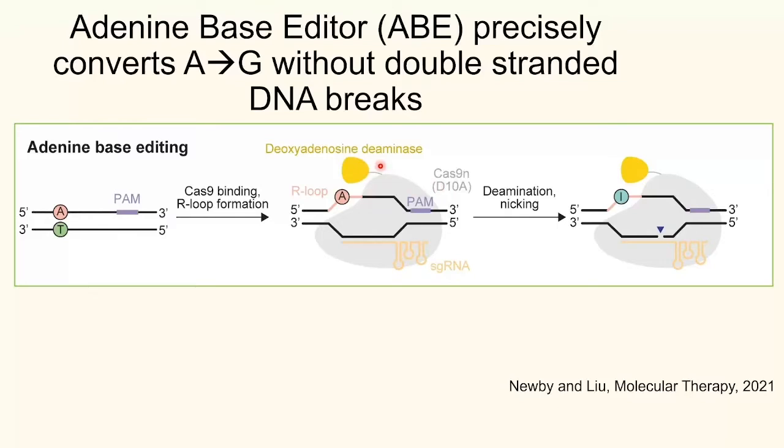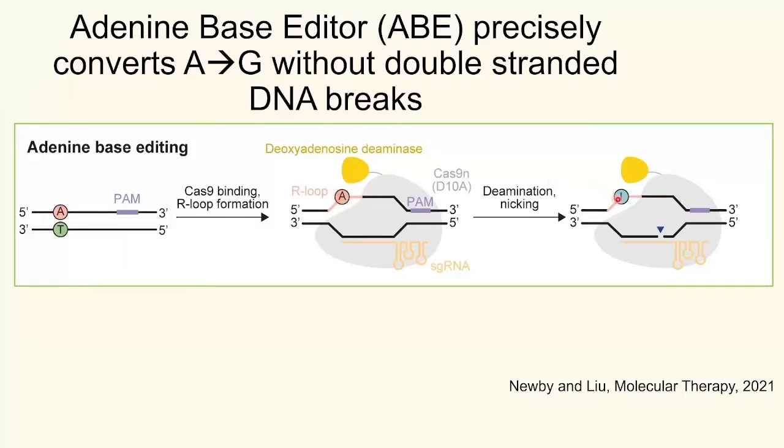And so when you have this complex, the single guide RNA is responsible for targeting and binding with the DNA locus of interest. And once it binds, it displaces a small bubble of single-stranded genomic DNA. And it's within this bubble where the deoxyadenosine deaminase converts the adenine to an inosine.